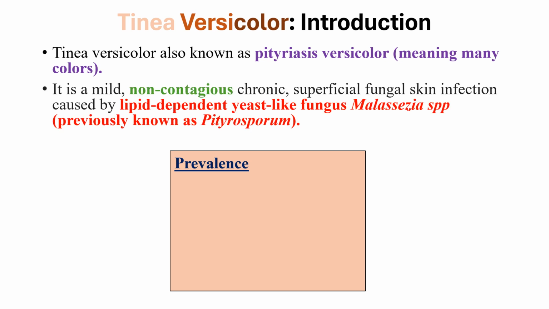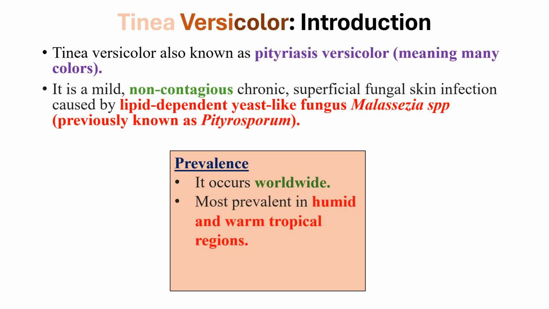It is a mild, non-contagious, chronic, superficial fungal skin infection caused by the lipid-dependent yeast-like fungus Malassezia species, which is previously known as Pityrosporum. Its prevalence, it occurs worldwide, and it's most prevalent in humid and warm tropical regions, and it tends to be more active in summer seasons.